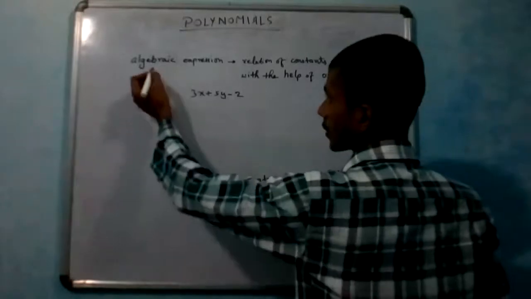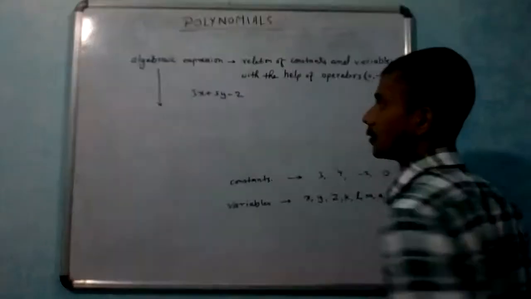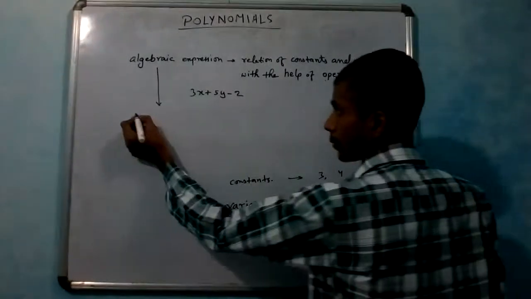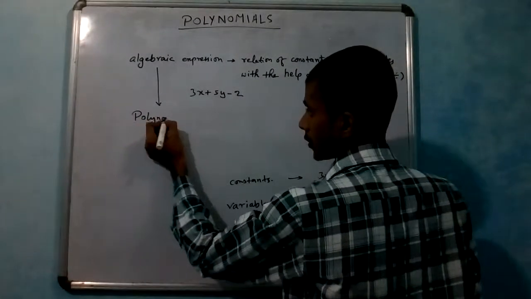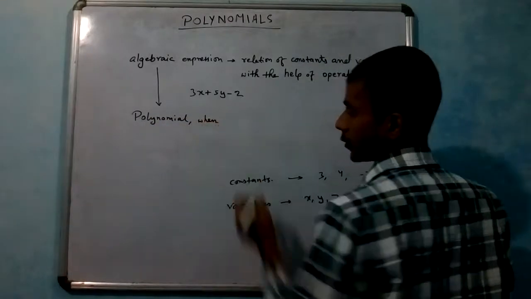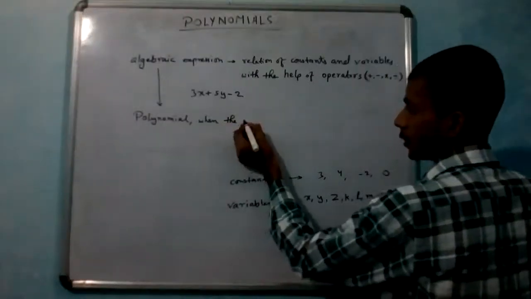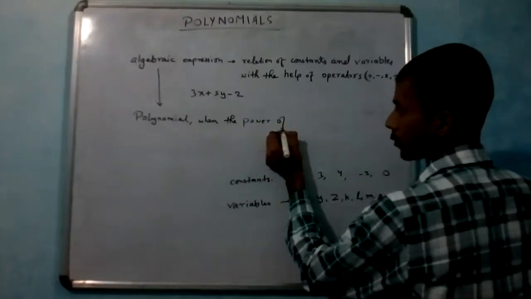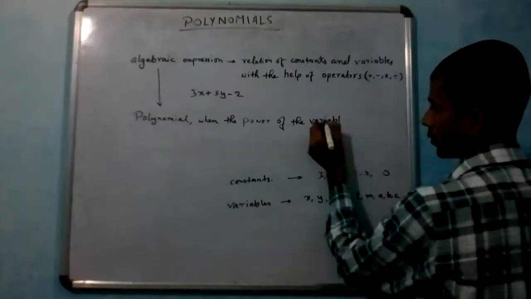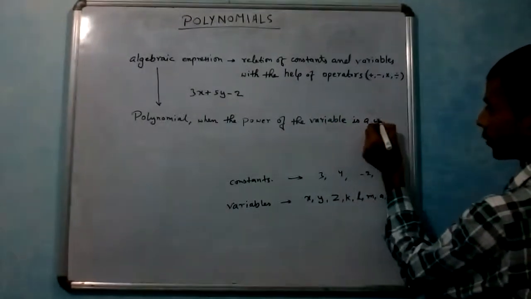Now this algebraic expression will be called a polynomial when the power of the variable is a whole number.